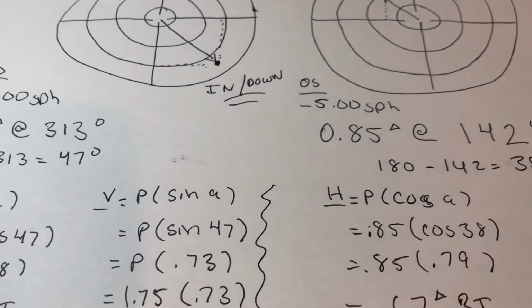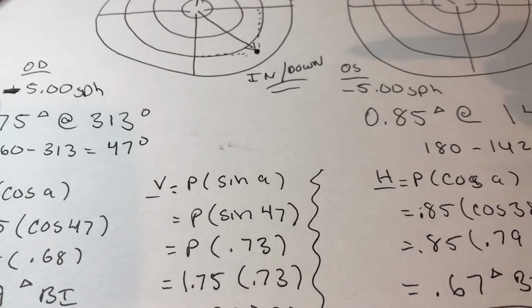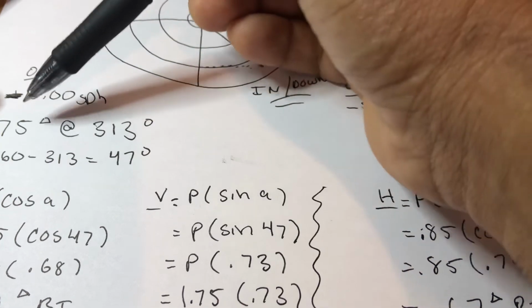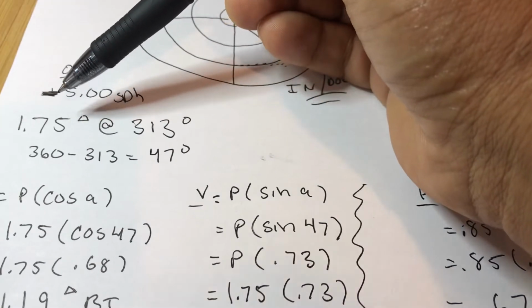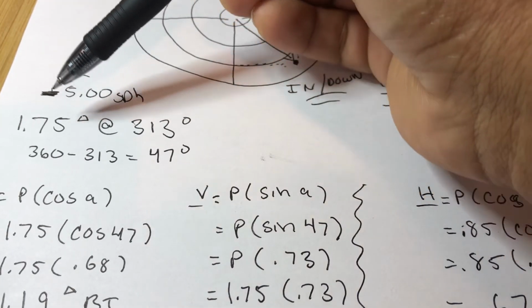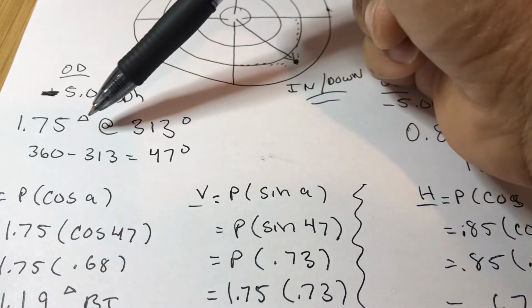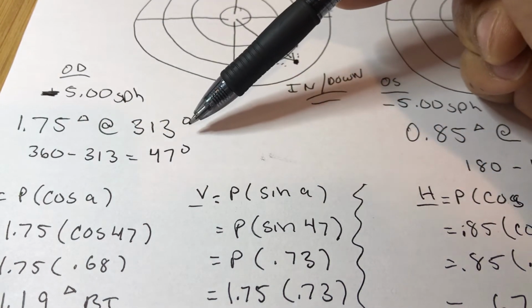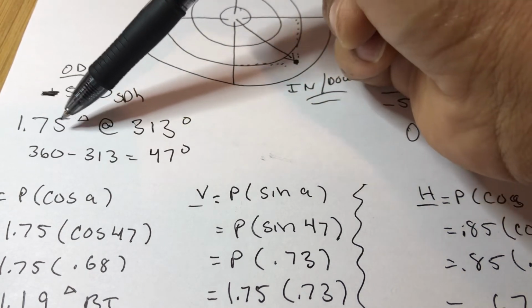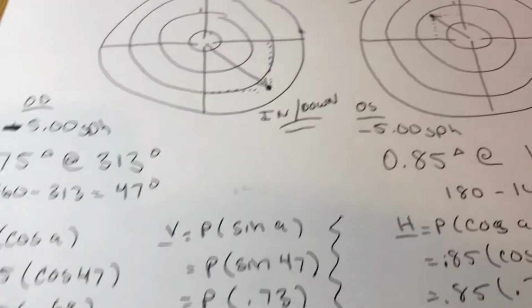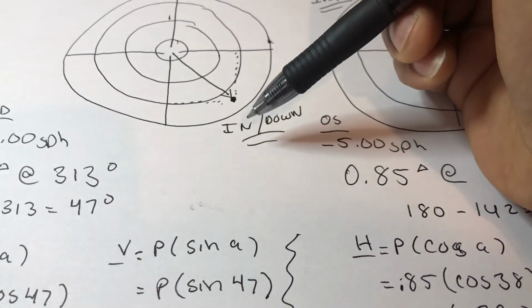Now I did just one more for anybody who's slightly confused with this at all, where instead of giving it to you with the quadrant, I gave it to you with the full angle. So like here I wrote 1.75 at 313, which is the same thing as saying 1.75 at 47, and in this case, quadrant 4.